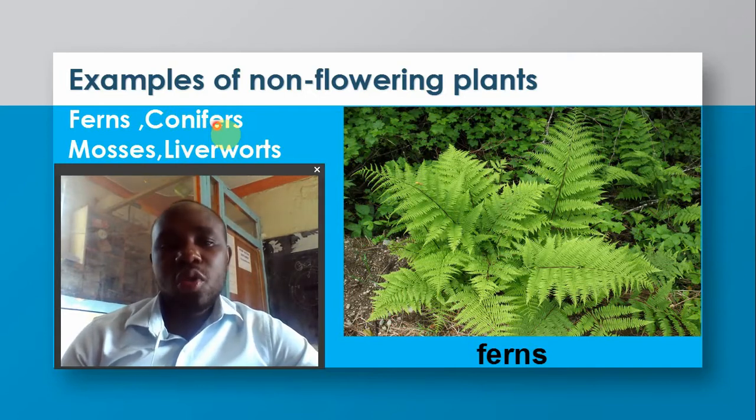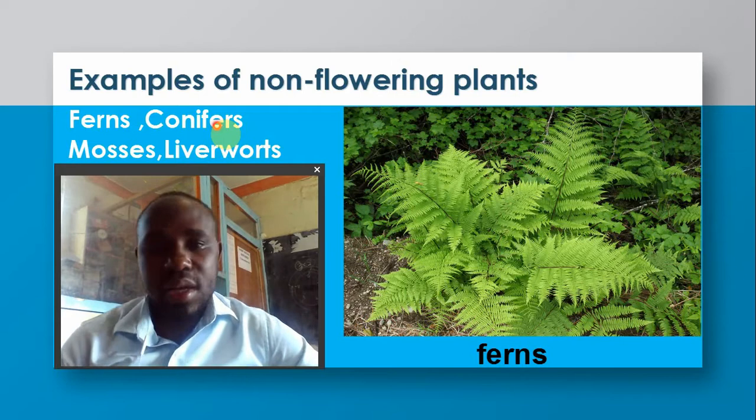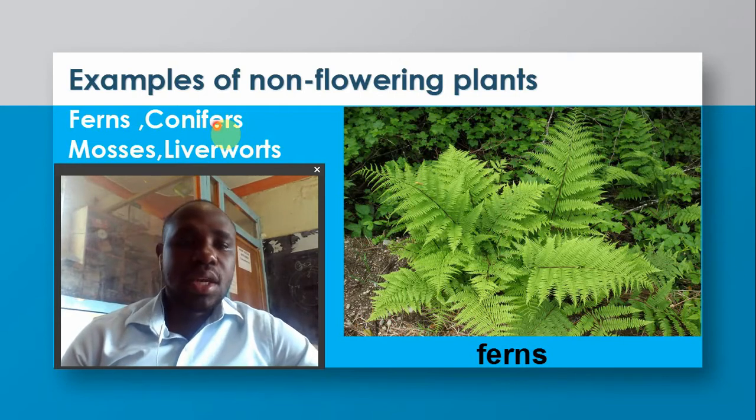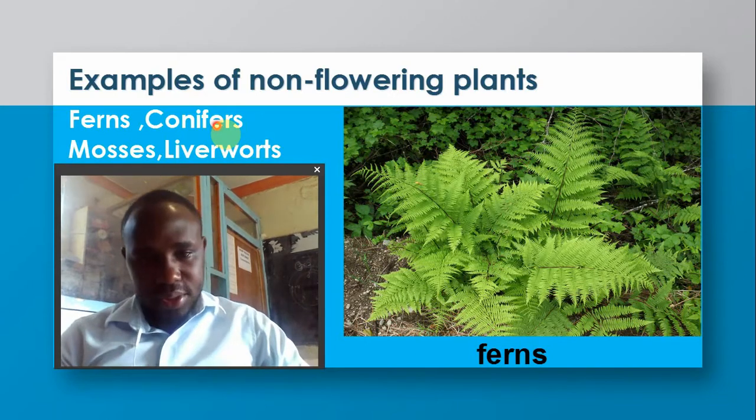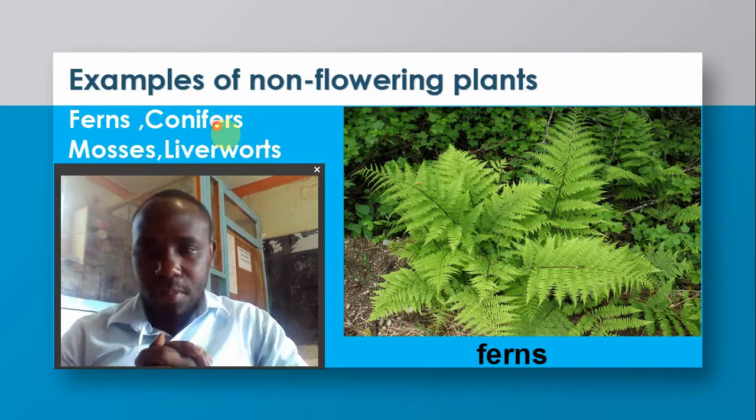So all those ones are examples of coniferous what? Plants. But today, let's just give examples. If they ask you for an example of a non-flowering plant, you can give ferns, conifers, mosses, and liverworts.